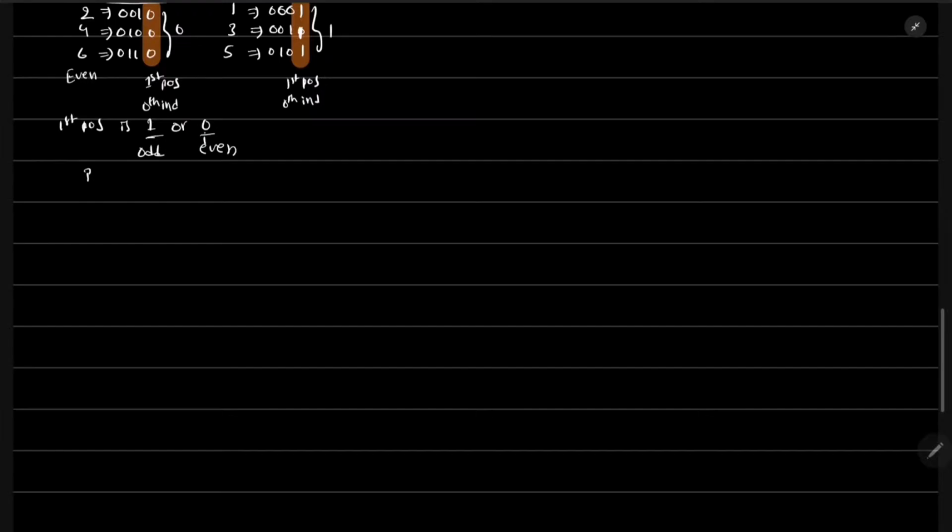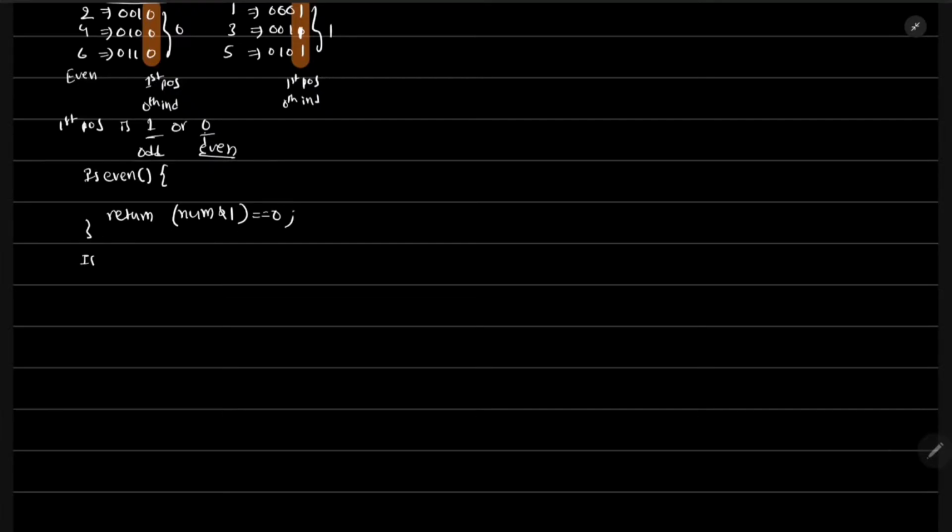So write a function is even, return, I'll get the first position, right? So it's nothing but I just do it with 1, the AND operator, right? So for even, it should be equal to 0. That is even.